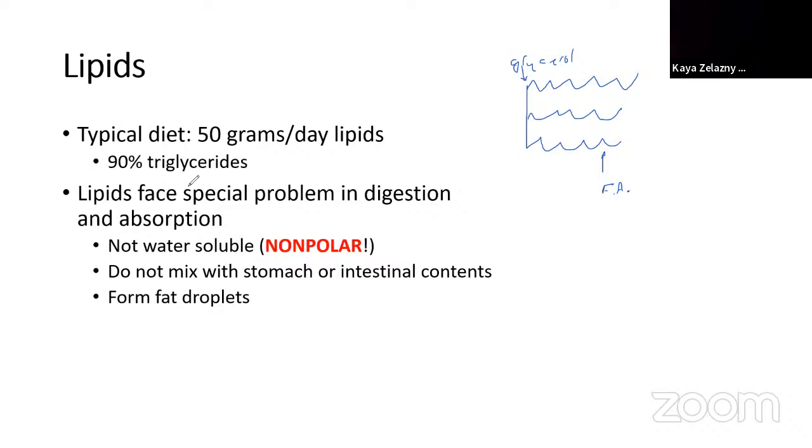So the problem that we have when we're trying to digest a lipid is that when you're eating, and you're probably drinking some water or something else with your food, the contents of your GI tract is basically full of water, and lipids are nonpolar, right? They're nonpolar because they have mainly hydrogen and carbon. So they're not going to interact with water, they're going to be hydrophobic.